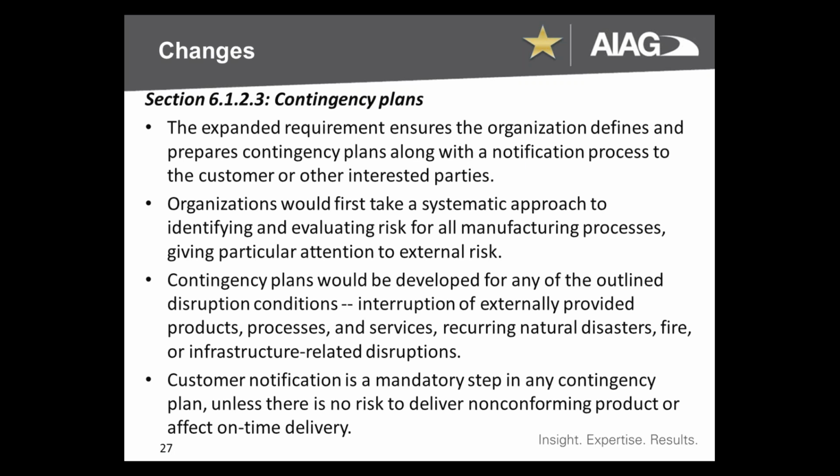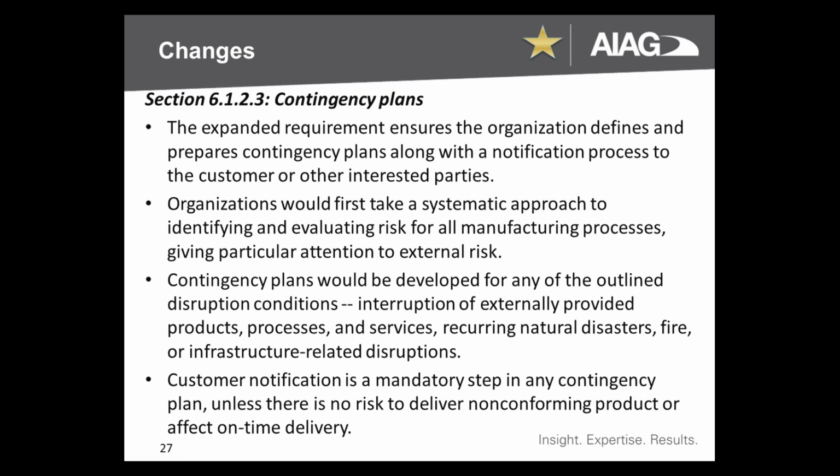Section 6.1.2.3 is a greatly enhanced section on contingency plans. A lot of new requirements here. And in my experience, I found in a lot of organizations, contingency plans are an afterthought that really only get pulled off the shelf when it's time for the audit.